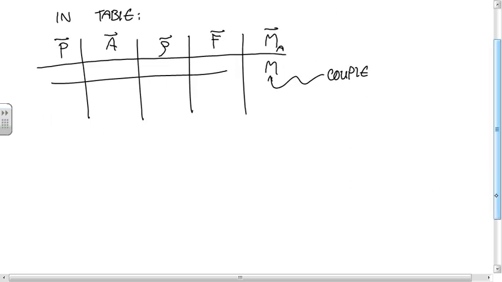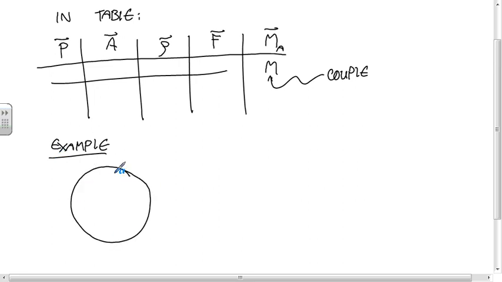Okay, so let's do an example. Fill out a table for a problem that has a couple and has some other forces in it. So let's say it's a circle. The origin is at the center.